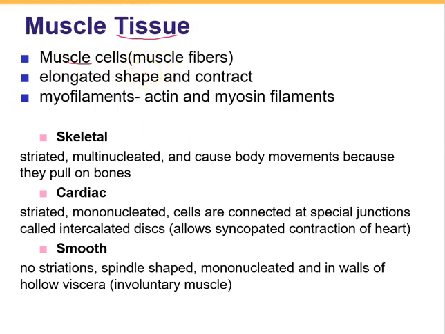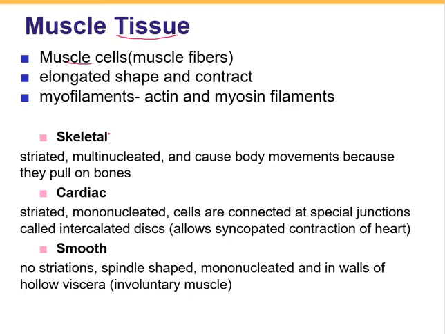The muscle cells have an elongated shape, and because of special myofilaments, the actin and myosin filaments, they are able to contract and make movement. In our body, there are three different types of muscle tissue: skeletal muscle tissue, cardiac muscle tissue, and smooth muscle tissue. The skeletal muscle tissue is connected to our skeleton, to our bone, like the hamstring muscle and biceps muscle.